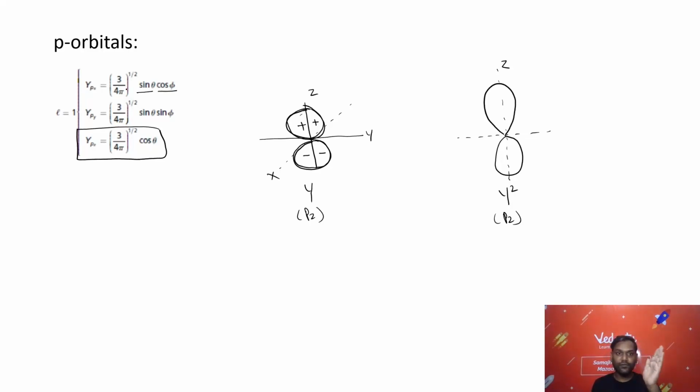To maximize this value, theta has to be 90. So you have to come down to the xy plane. When you're on the xy plane, theta is 90, so the value would be maximum. So if you're on the xy plane, this is the z-axis, this is the y-axis, and this is the x-axis.